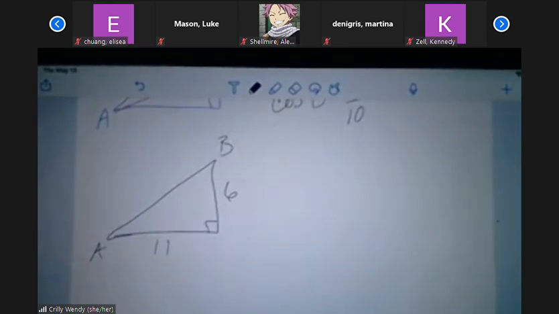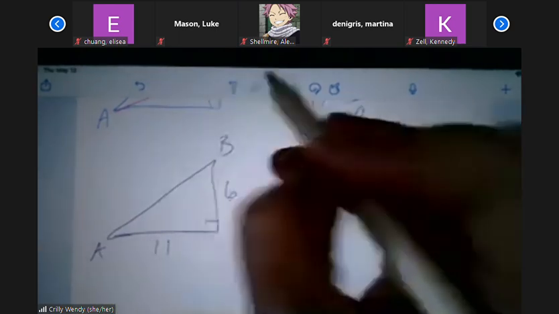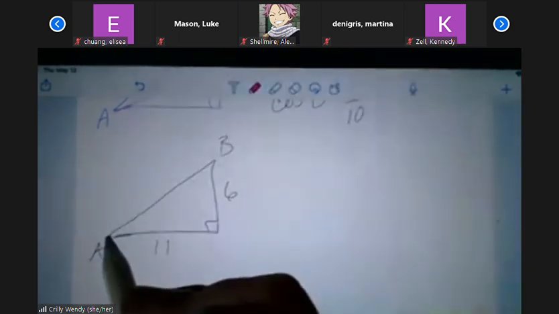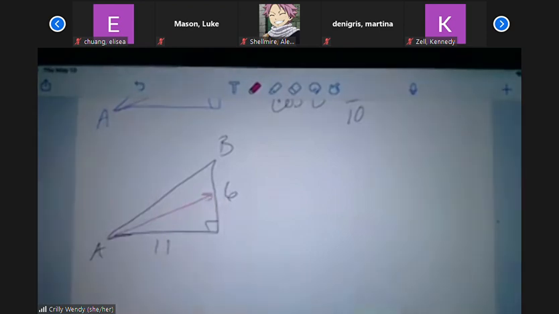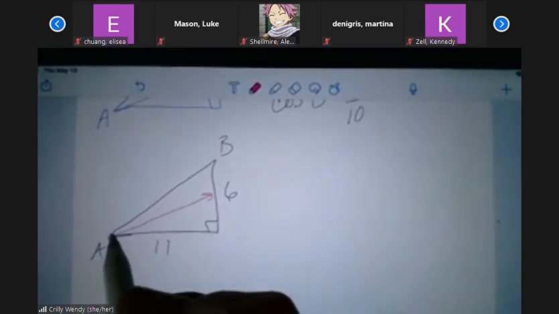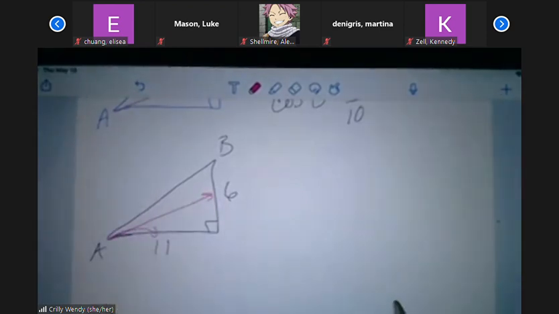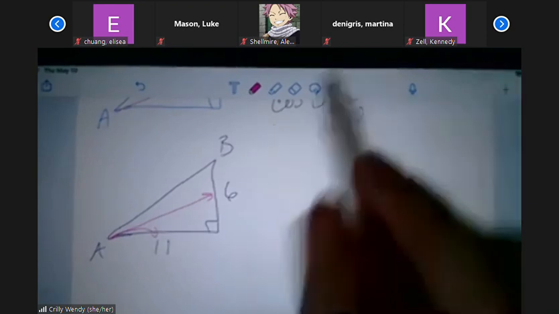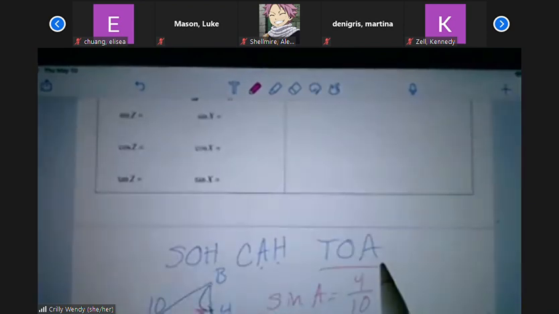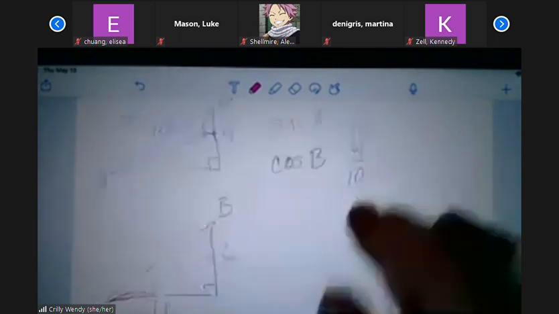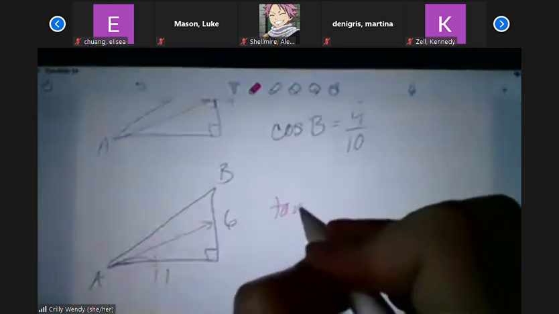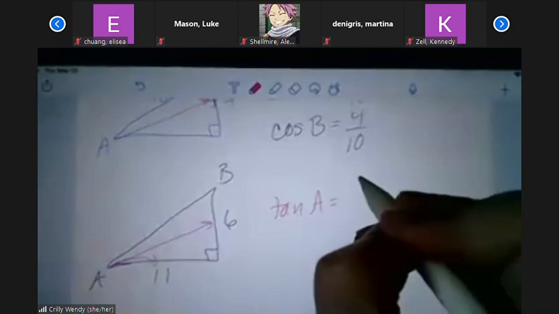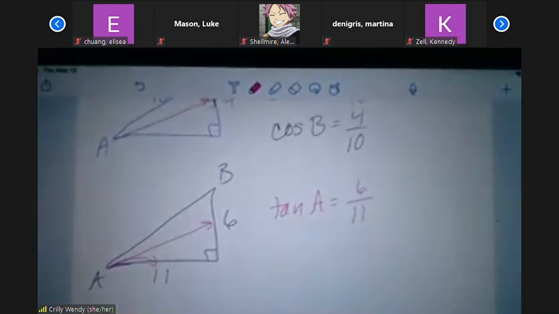So now looking at angle A, 6 is the opposite leg. 11 is the adjacent leg. So tangent is opposite over adjacent. So the tangent of A is 6 over 11.